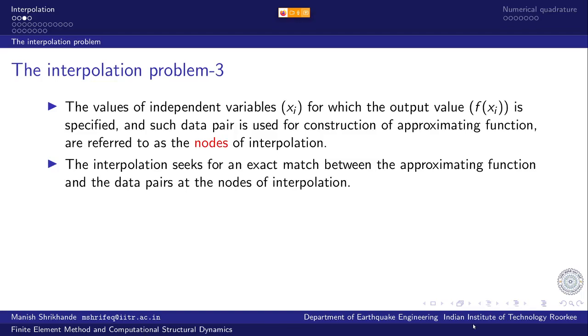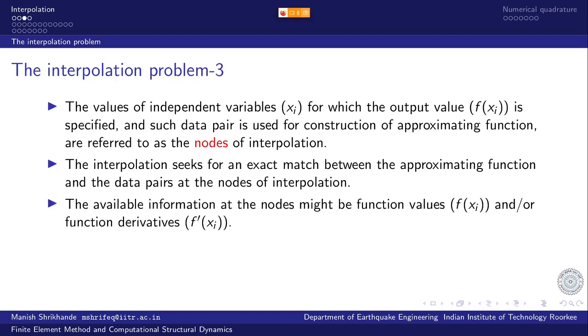So the interpolation answers the two basic questions that were raised. What is the criteria of seeking approximation? That is, exact match is required, and the location where that criteria is to be imposed, that is at the data pairs at the nodes of interpolation.